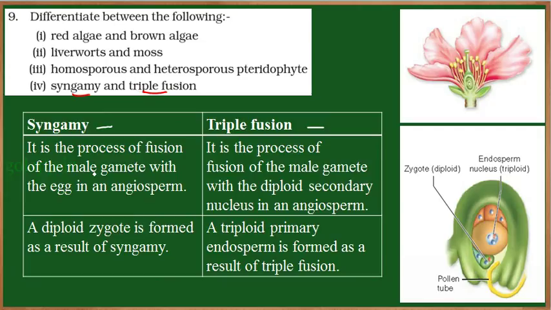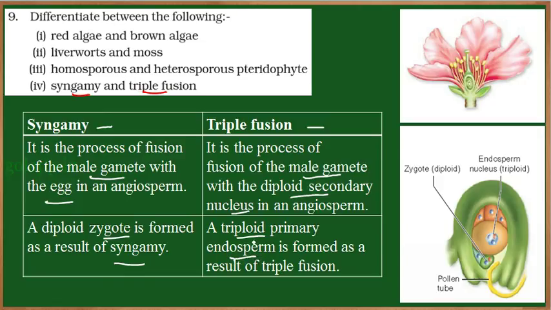One of the male gametes fuses with the egg, producing a zygote which is diploid in nature. This process is called syngamy, whereas the other male gamete fuses with a diploid secondary nucleus, and this fusion leads to a triploid cell which later develops into an endosperm.